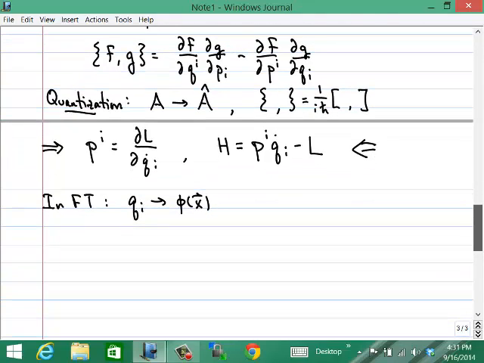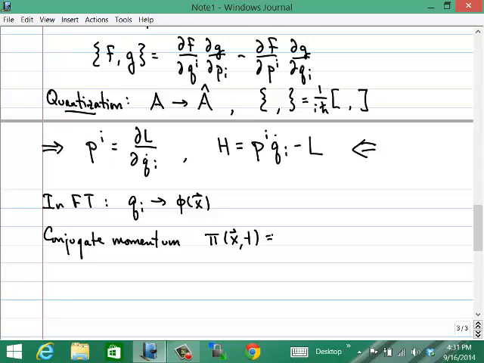So in particular, for every field φ, there is a conjugate momentum, and just as a field φ depends on space as well as on time, the momentum conjugate to a field φ depends on space as well as on time. So that's defined to be the derivative of the Lagrangian with respect to φ̇.